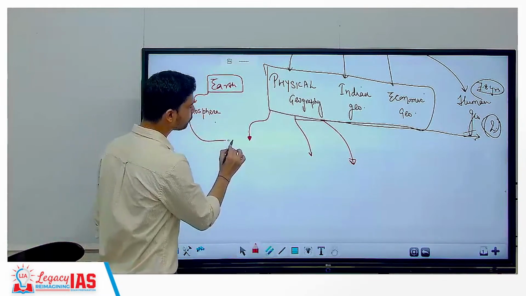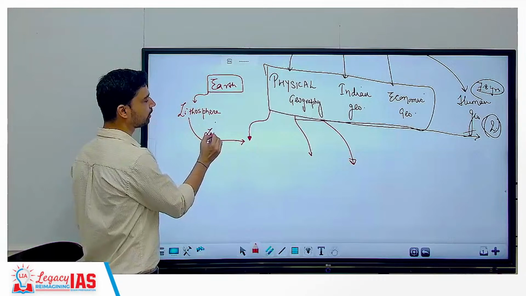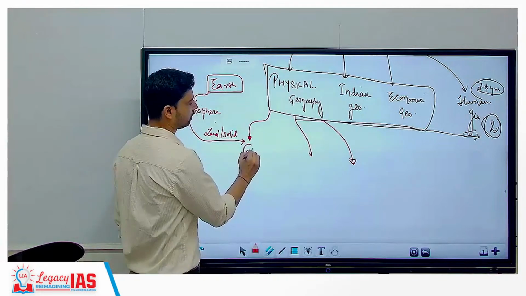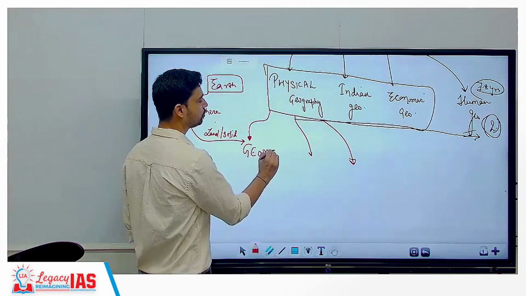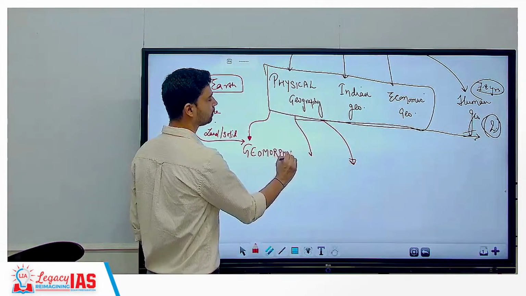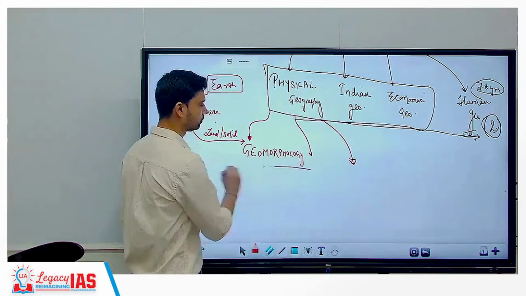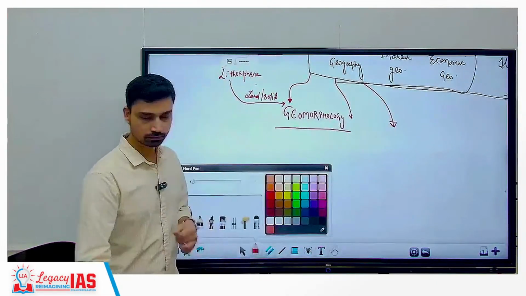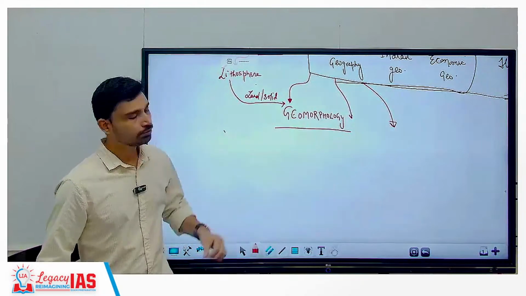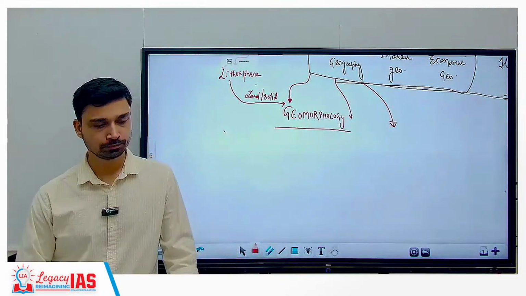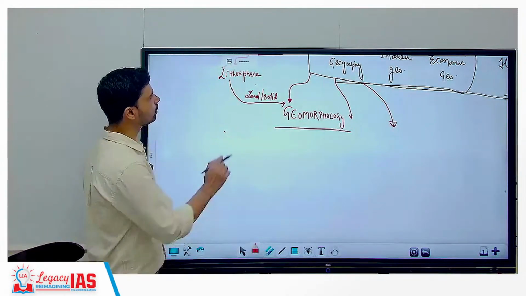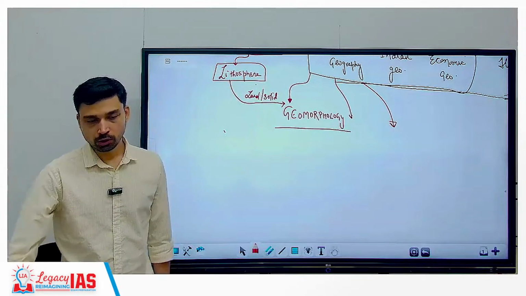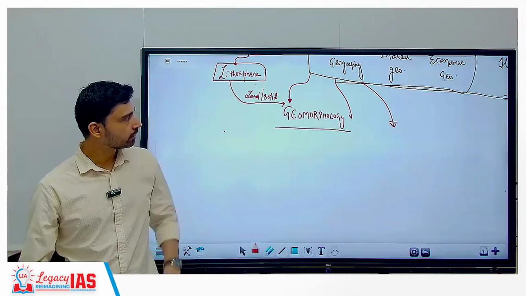The study of the lithosphere, the solid surface part of the Earth, is referred to as geomorphology. In simple words, geomorphology relates to the description or study of the lithospheric region, the solid land part of the earth.